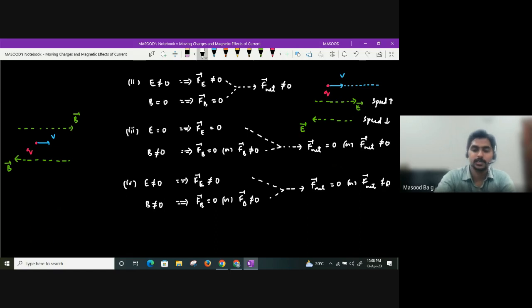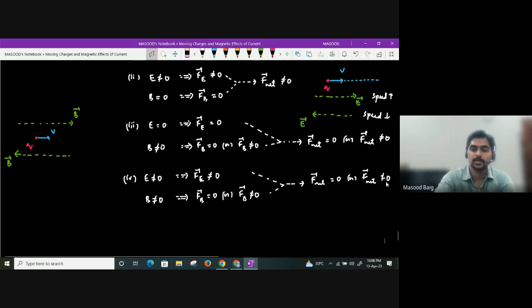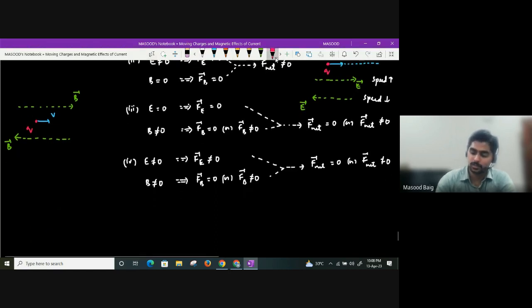Fourth case, if I take, guys, let us take a charged particle. Consider a positive charged particle because it is easier to understand. Let us say it is moving along positive x direction. So you have a magnetic field inwards and you have electric field in downward direction. A positive charge will always experience force in the direction of electric field. So you can say electric force is in this direction.